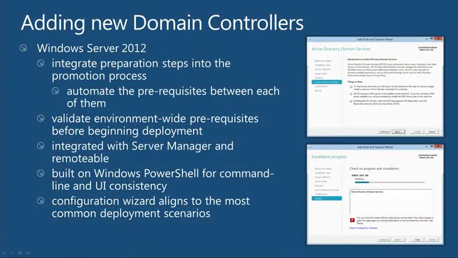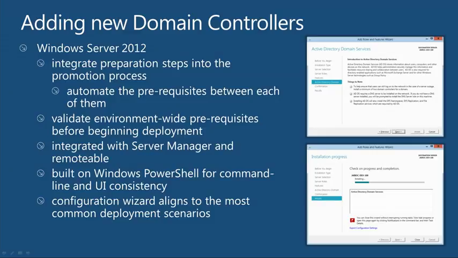So the idea is that, if you think back on 2008 R2 and running AD prep, you needed to target the schema master. For forest prep, you needed to target the infrastructure. For the domain prep, can anyone tell me why they chose the infrastructure master for domain prep? No, neither can I. It was a fairly arbitrary decision.